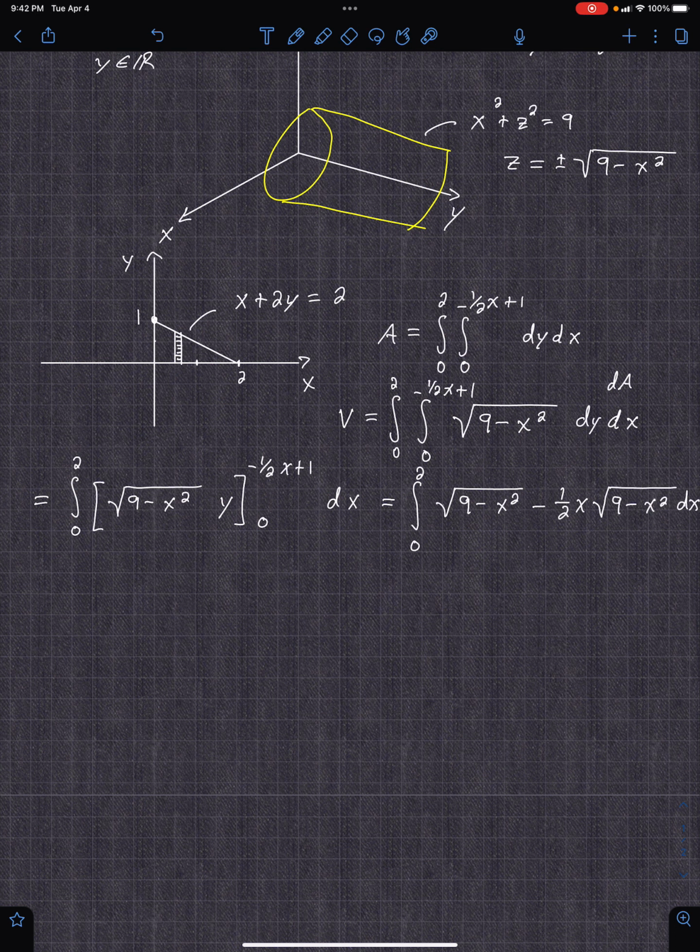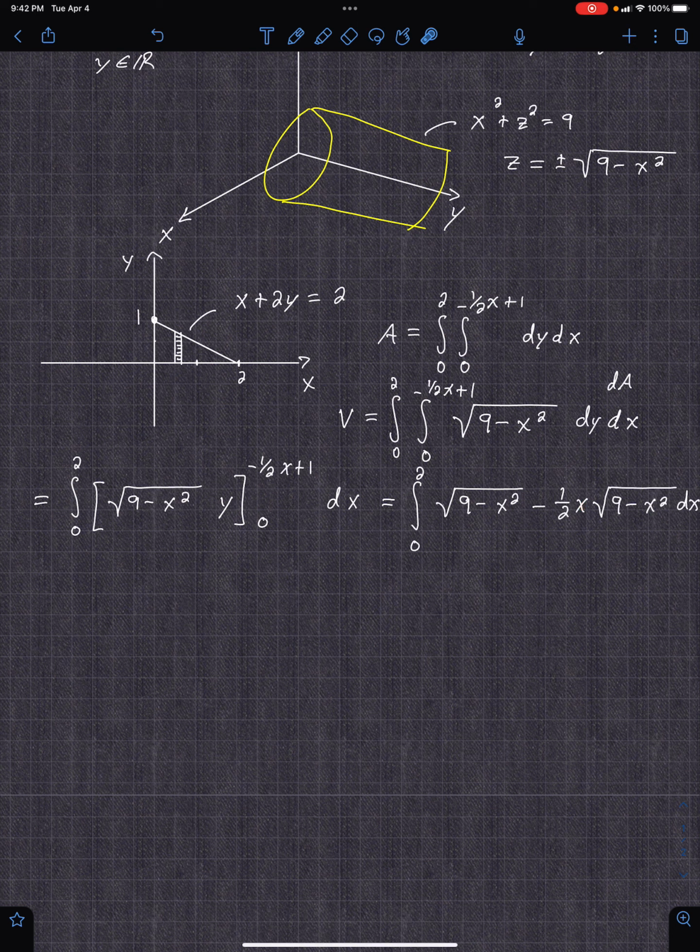And so this first one here has got to be something special. That's got to be a trig substitution or something like that. This one is just your u substitution because you have the x on the outside.